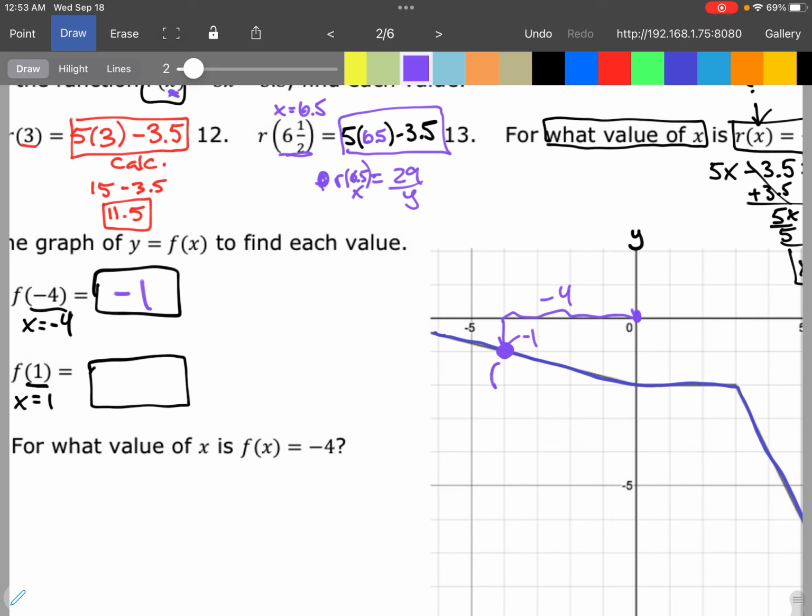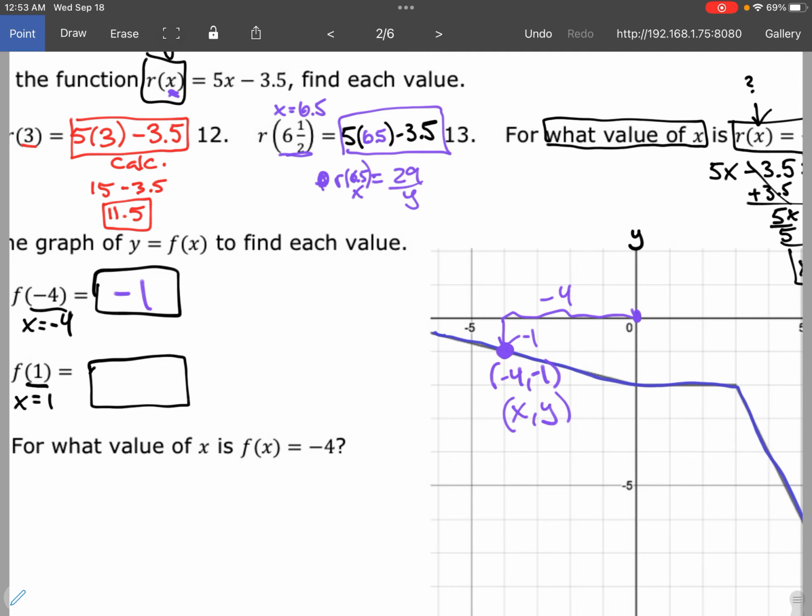This point value is negative 4, negative 1. All points are written as x comma y. When x is negative 4, y is negative 1. Here is your answer. X, y. Now let's go to the next situation.